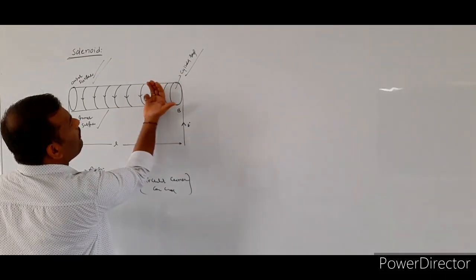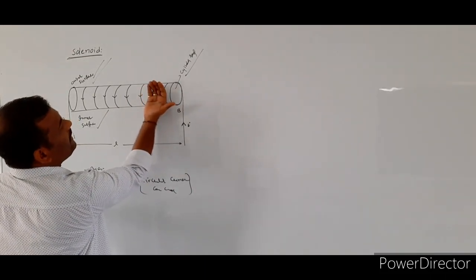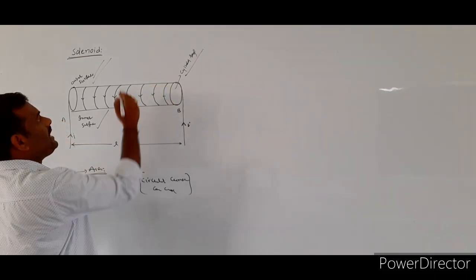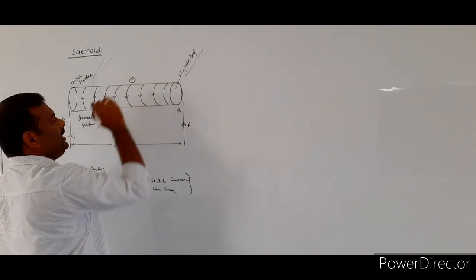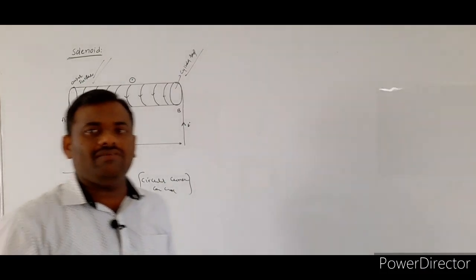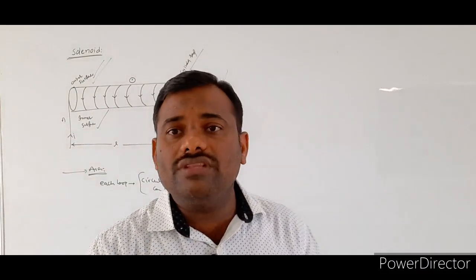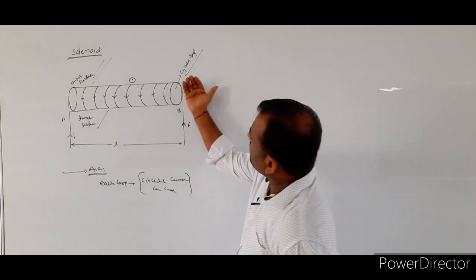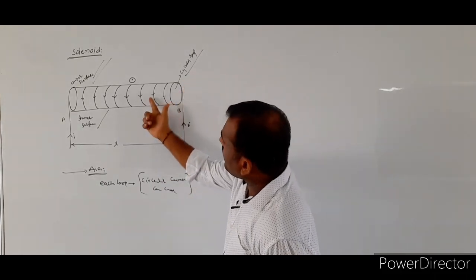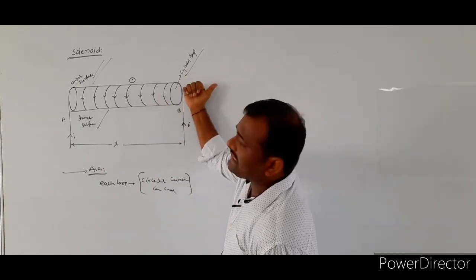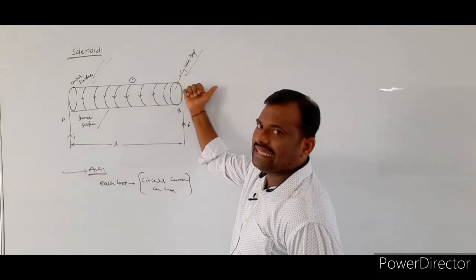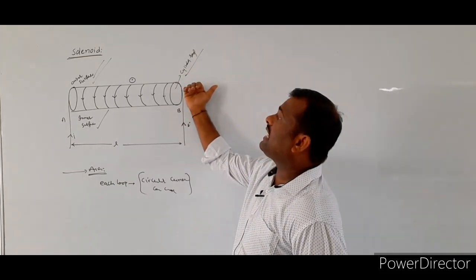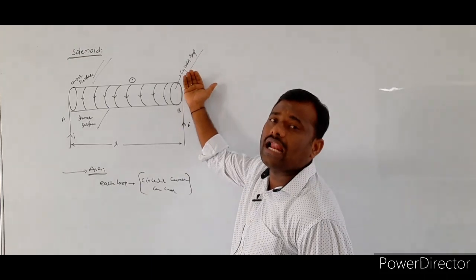So at the top end, at the outer surface, the direction of the current will be coming out of the plane of the paper. If you see here, the direction of the current will be like this. That means the direction of the current will be in the anti-clockwise direction.